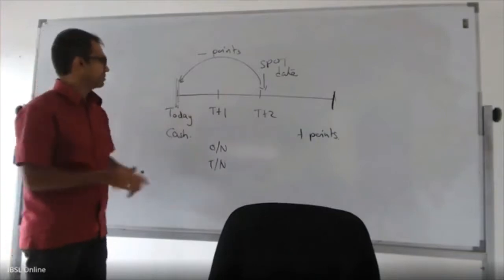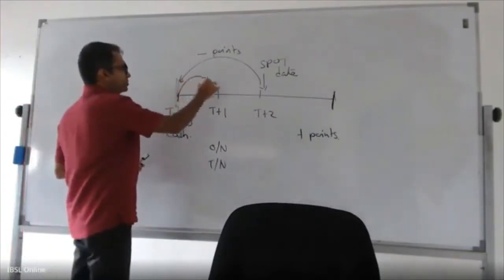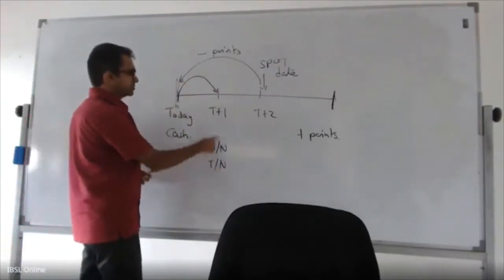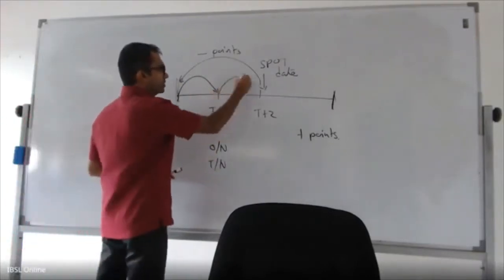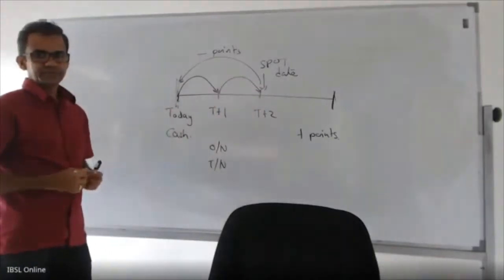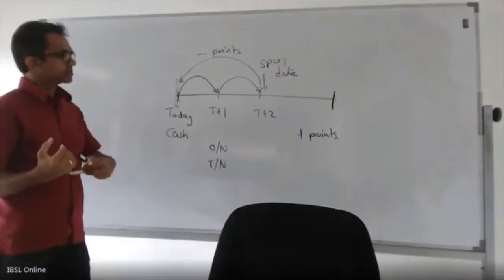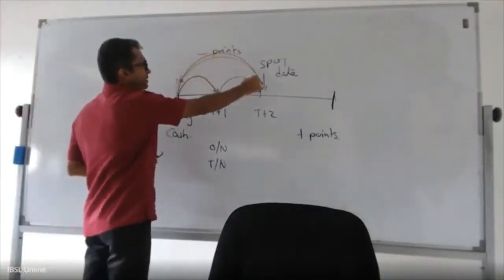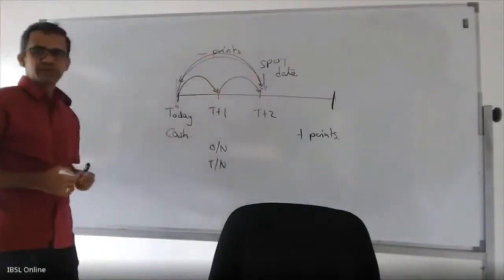Overnight means from today to tomorrow, and Tom next means from tomorrow to the next day, so in addition it should be for a 2-day period.